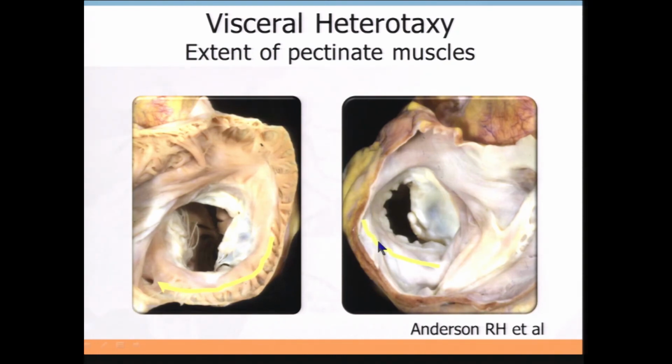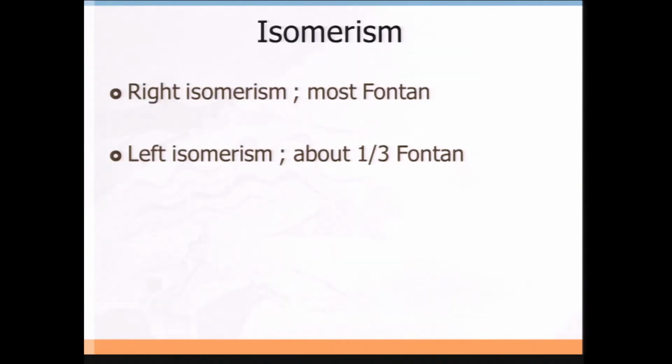And instead, in this case, the pectinate muscle is confined to the appendage, but this part of the vestibule is very smooth. There is no pectinate muscle. This is the characteristic anatomic feature of left atrium. In right isomerism, they will have both atria with this anatomy. In left isomerism, both atria will have this anatomy. So Dr. Anderson recommended the term isomerism of right atrial appendage or isomerism of left atrial appendage.